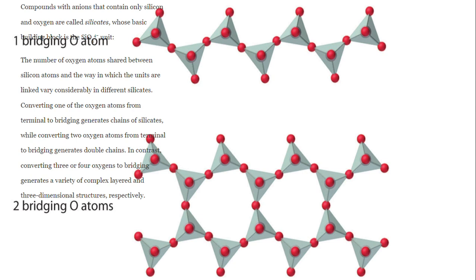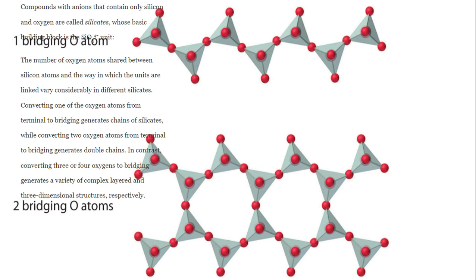Compounds with anions that contain only silicon and oxygen are called silicates. These are also very important compounds, useful in daily life, whose basic building block is SiO4 4-.